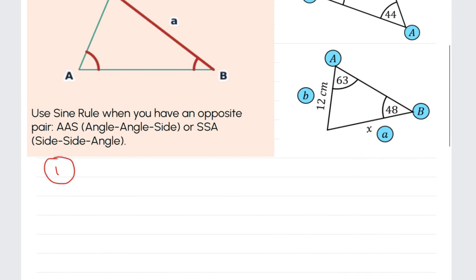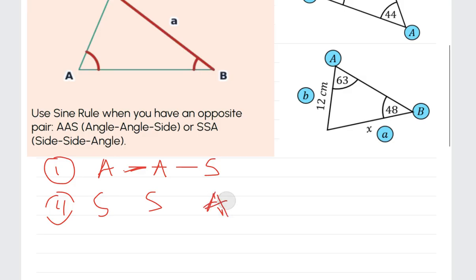Case one when you can use the sine rule is when you have angle, side, or side, angle. When you have what?